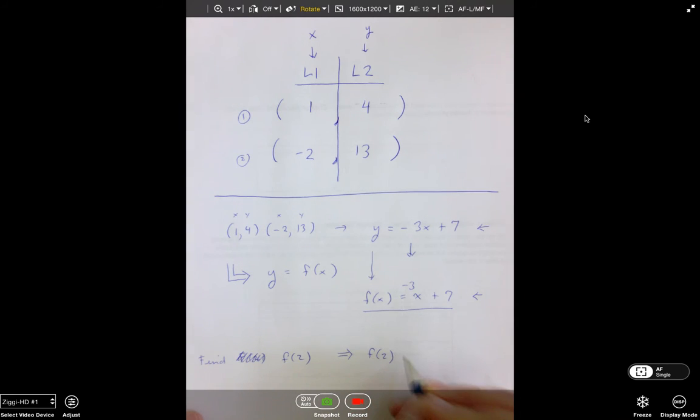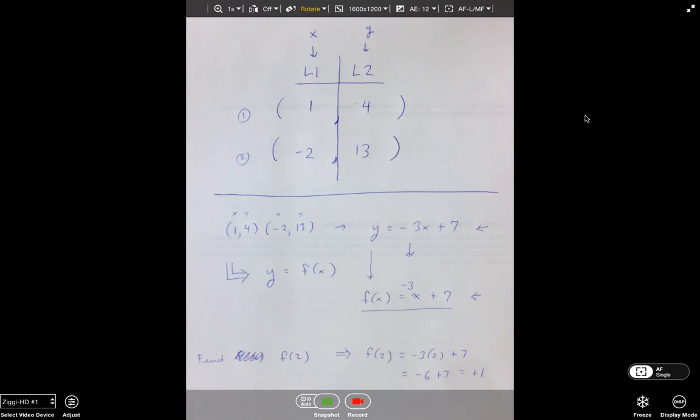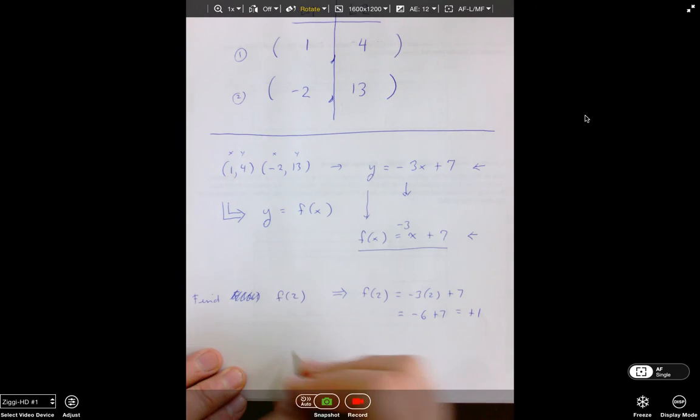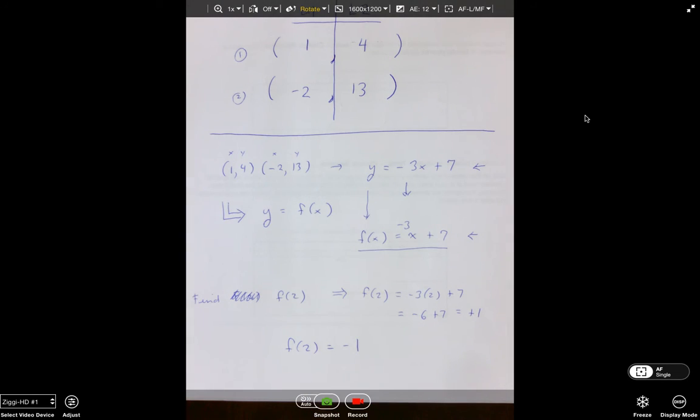So f of 2 would say every place you see an x, replace it with a 2. So our function value would be positive 1. So it simplifies finding values of functions using this notation.